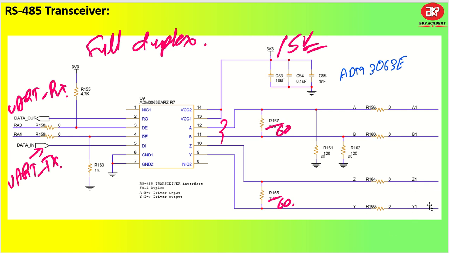So Y1 and Z1 will get connected to the transmitter, the driver output of the D-sub 9 connector. That's all, so I hope you have understood. The same configuration or same idea will be utilized for any of your RS485 transceiver ICs, if you only know the pin definitions, their functionalities, and the range of the power supply of that particular IC.